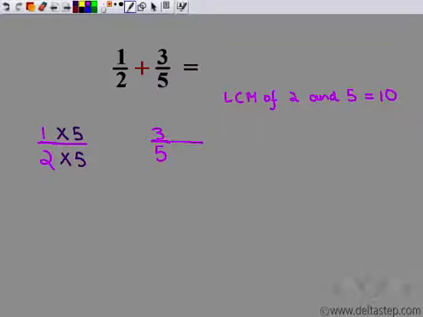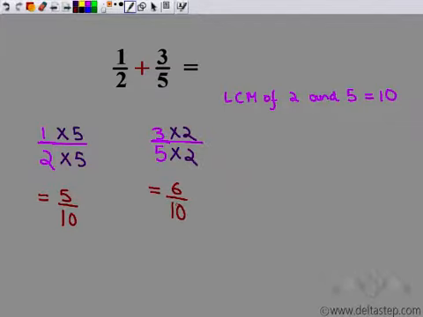Again, to make the denominator 10, which is the LCM, I'll have to multiply this by 2. If I multiply the denominator, I'll have to multiply the numerator also to keep it the same. So 1 by 2 becomes 1 5s are 5, by 5 2s are 10, and 3 by 5 becomes 3 2s are 6, by 5 2s are 10.